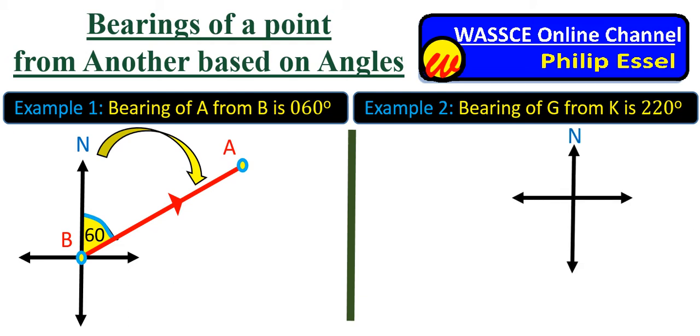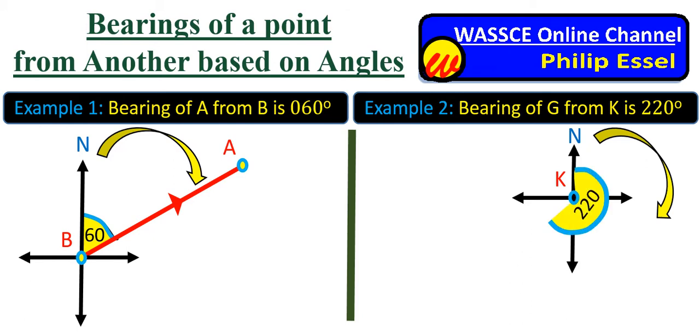Let's note that the bearing is from the point K and we are going to the point G. So the point K will be at the origin of the cardinal point. We would then measure 220 degrees starting from the North Pole clockwise. So this will be our 220 degrees.